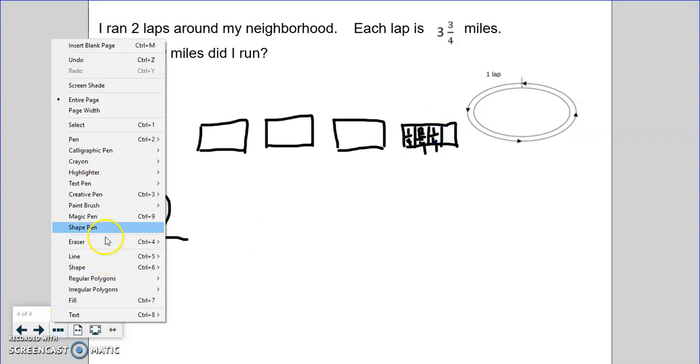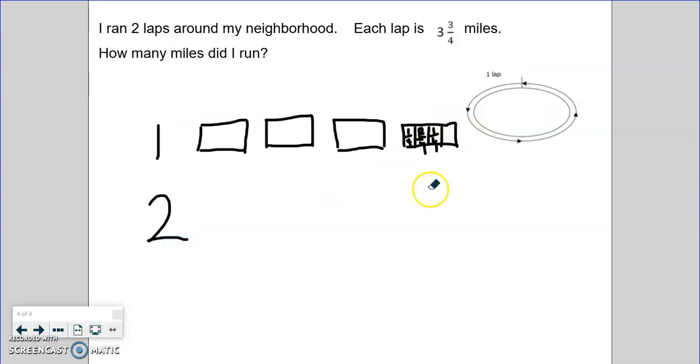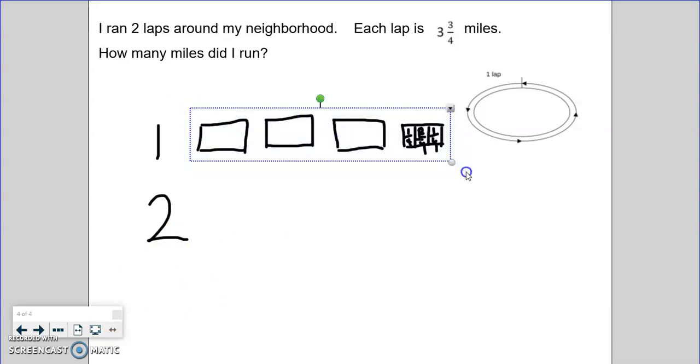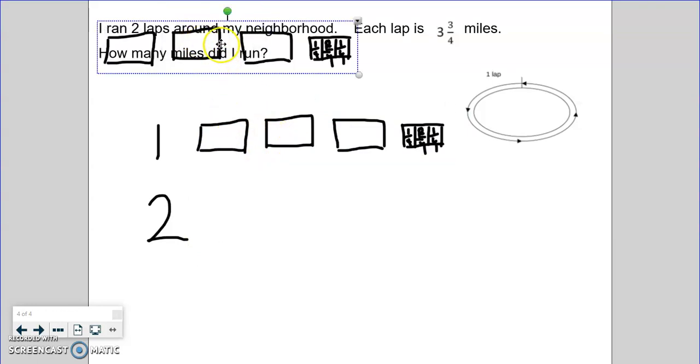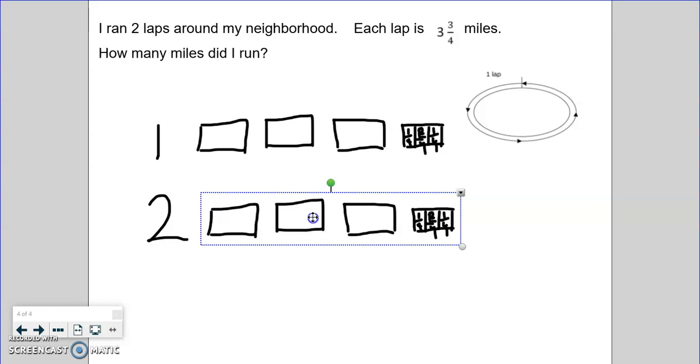Okay, and then I'm just going to take the eraser. Just Control F, Control 1. Okay. And then Control 1. So let me select this, and I'm going to copy, I'm going to paste it. And I'm going to copy, and I'm going to paste. Alright.